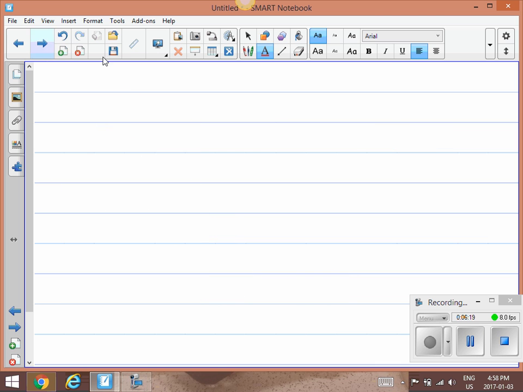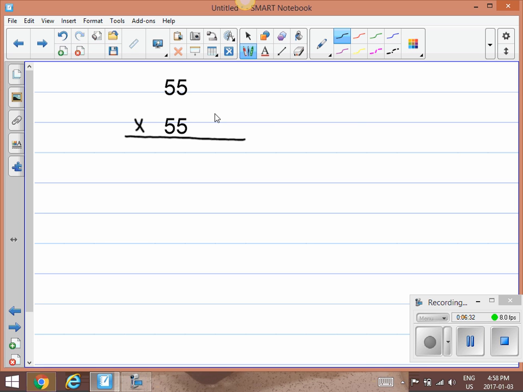I'm going to take this 55 times 55 and write it over here, exactly how we would see a multiplication question written traditionally. So we need to multiply each one together. We start with the traditional method as 5 times 5, which is 25.